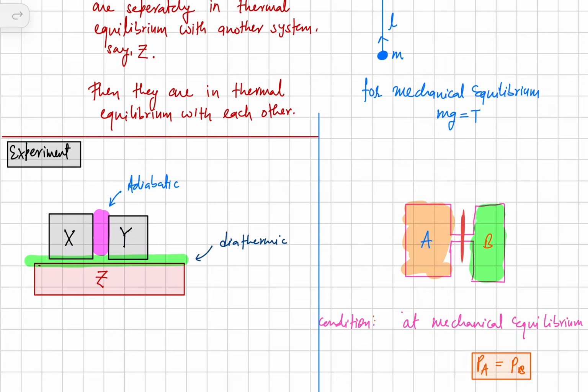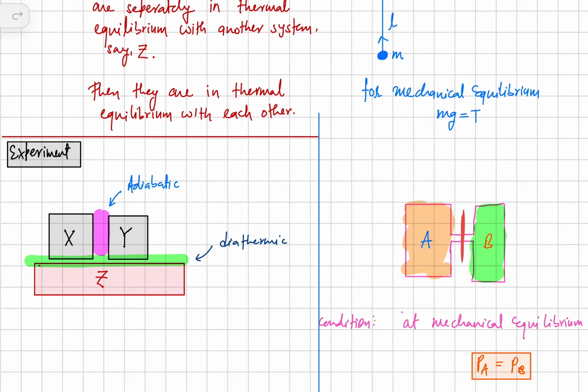Suppose Z has very high energy, the highest out of X, Y, Z. Then Z will lose energy to X and also to Y. The way we saw that a particle will move from here to here, the same way the energy will go from here to there, in the form of heat. The mode of transfer here is heat.